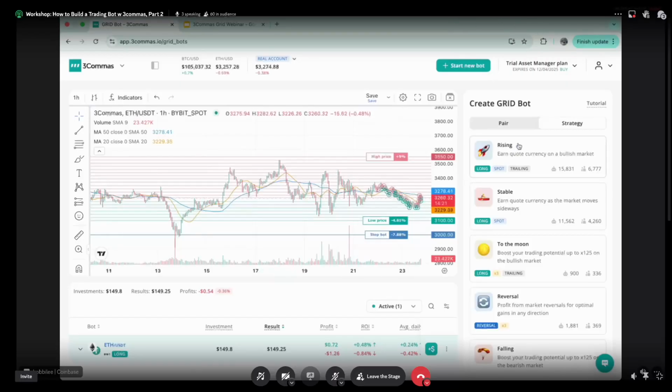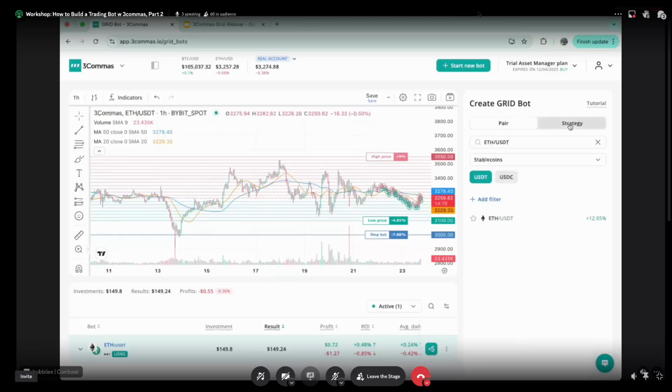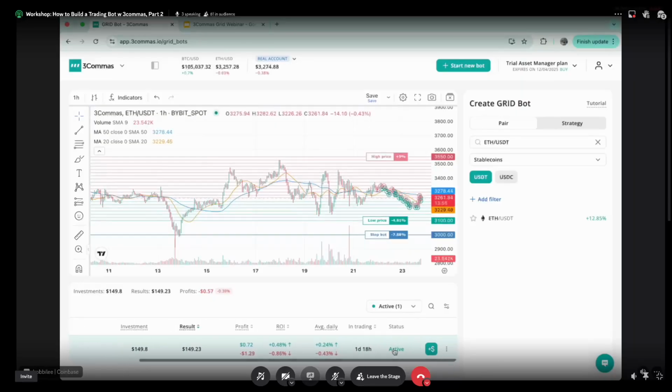And this is a section where you can create a new grid board. And this is a section where you see your running active boards, or you can see some closed ones. Here we have my actually running board with starting investment, results, which are not good right now, and some statistics.